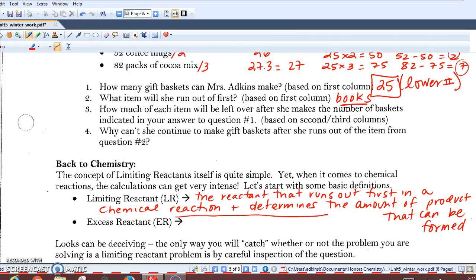So it's the critical one because it's going to tell us how much product can be made. In our example up here, we ran out of books, and so because of that, the gift basket making stops because we don't have any more books.